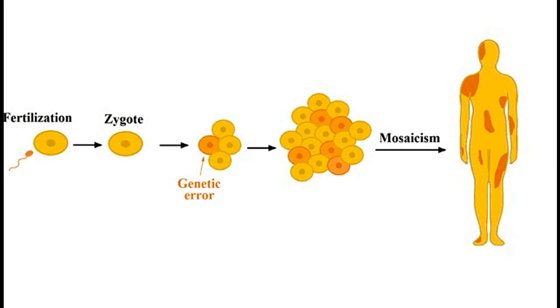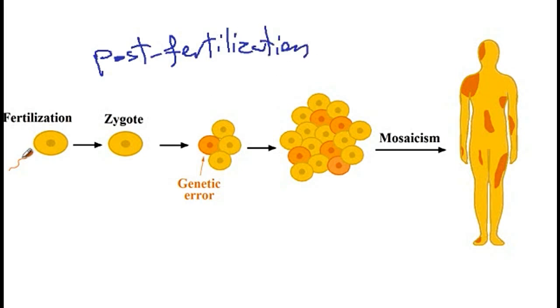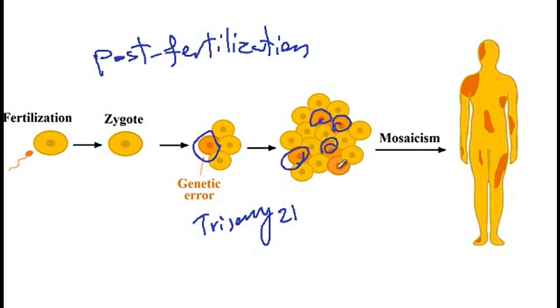So what happens is that in post-fertilization, here the sperm and the egg have fertilized and formed the zygote. If post-fertilization there is an error and trisomy 21 is formed, then some of these cells will have the trisomy 21, and thus they will have 47 chromosomes, while the other cells would be normal.